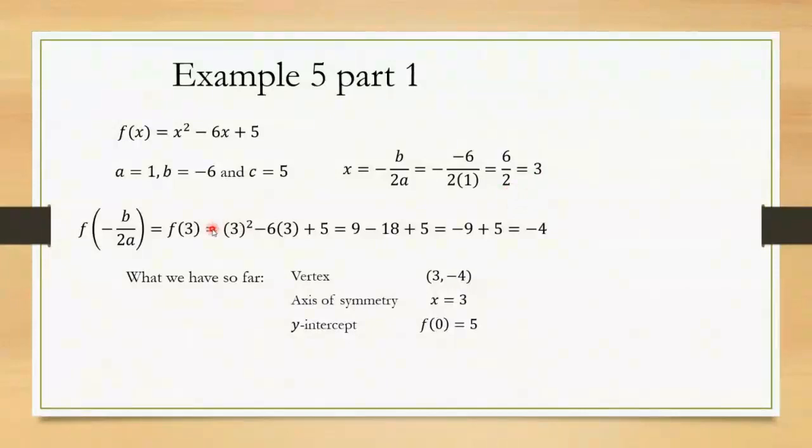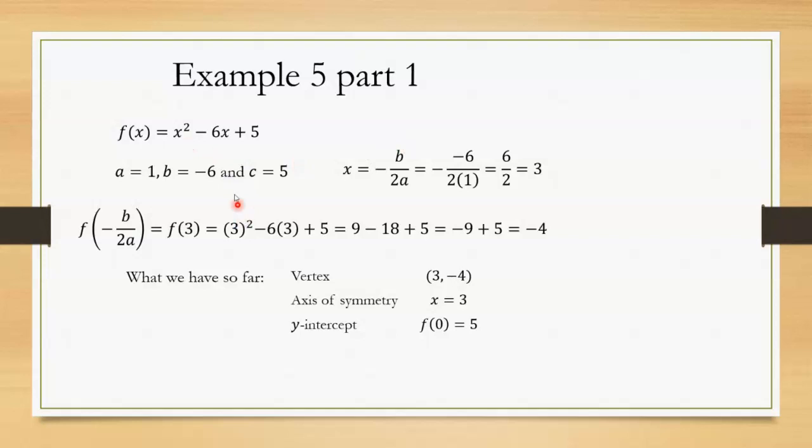Now for the y coordinate of the vertex, so this is the x coordinate. For the y coordinate, what do we do? We do f of negative b over 2a, which is f in this case, f of 3.